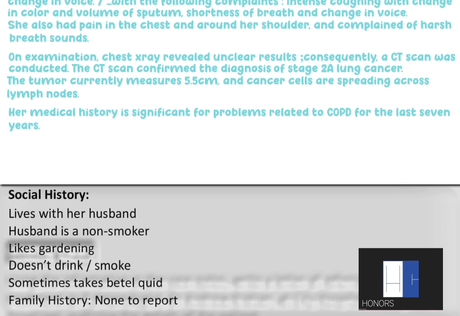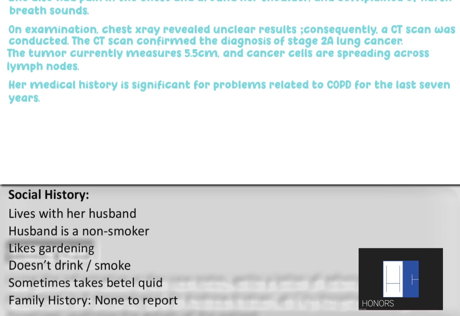Now, it's important to mention the smoking, as well as drinking, as well as the habit. So we are going to include this in the same paragraph. Her history, as well as what she is habituated to.